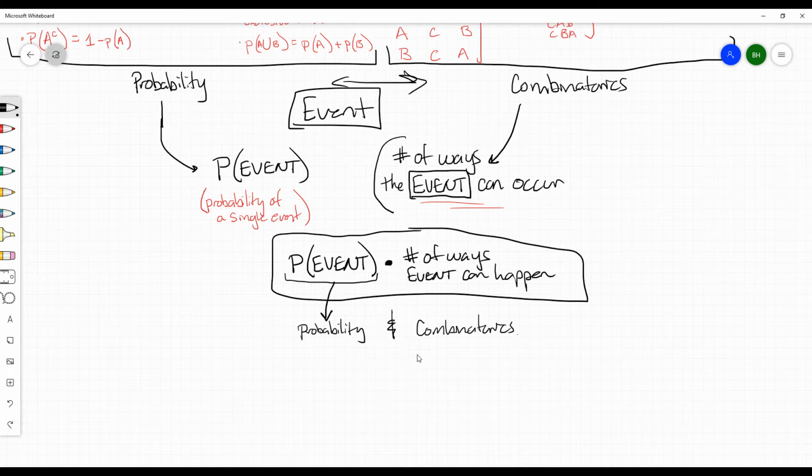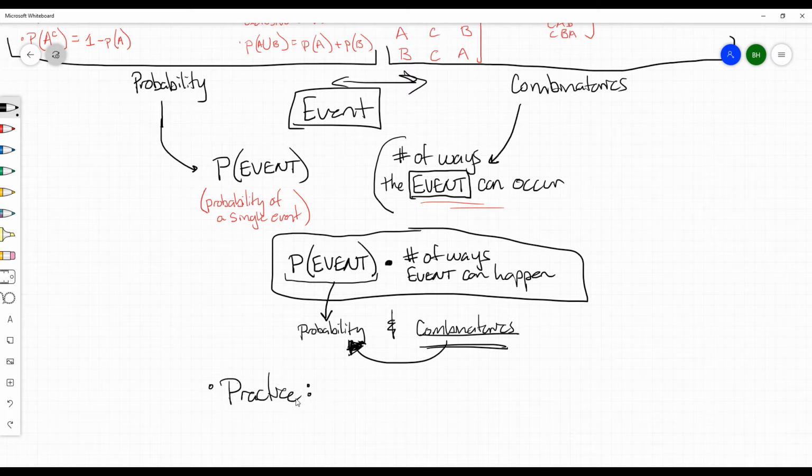Most of the time, you would actually do the combinatorics first, which is why I talked about it first, to then find some sort of probability, and then use combinatorics again to figure out how many times that thing can actually happen. A good example of how all of this comes together is the practice problem.